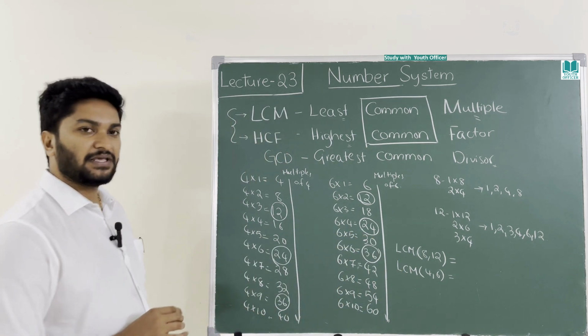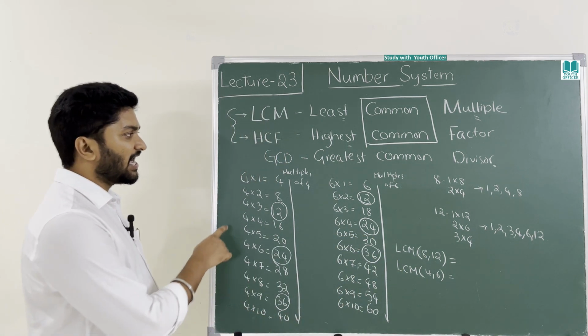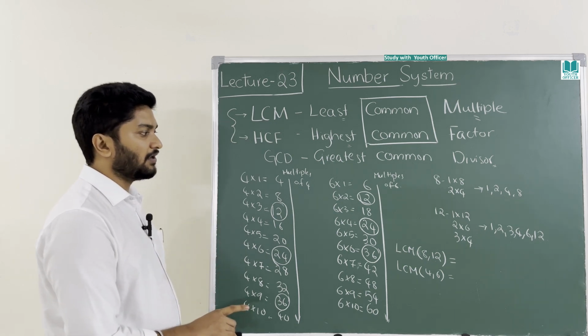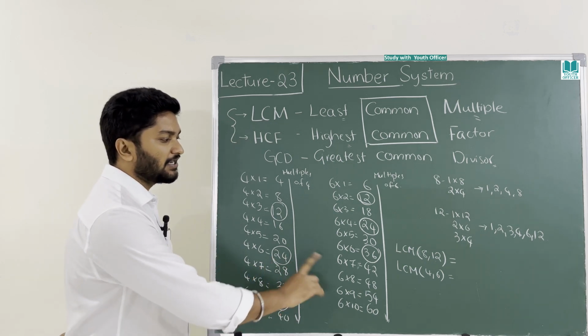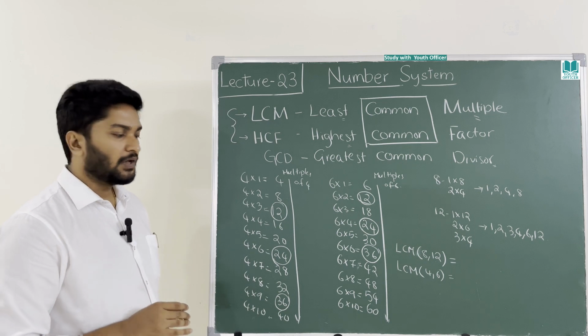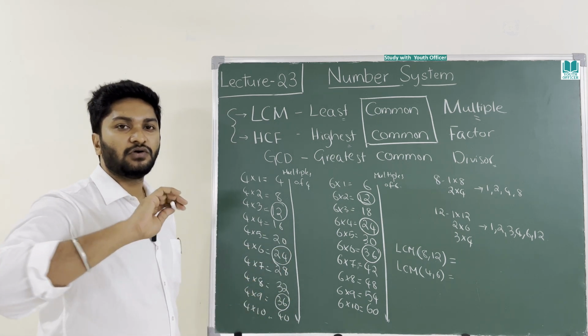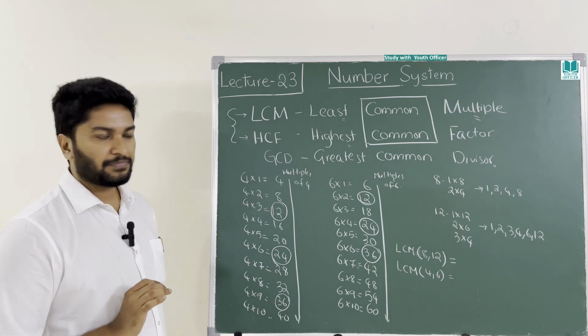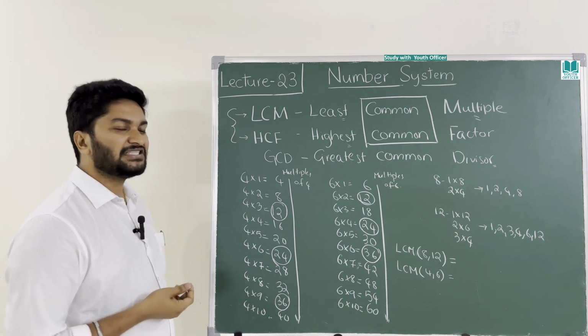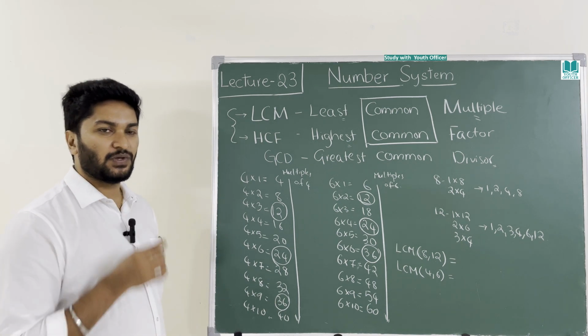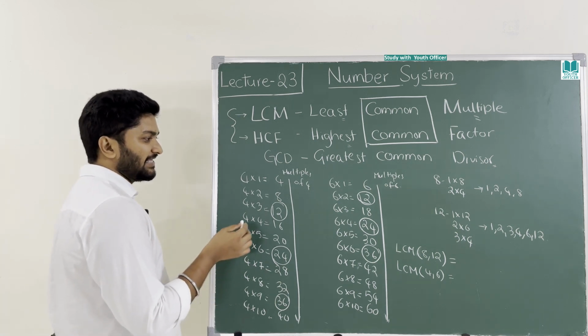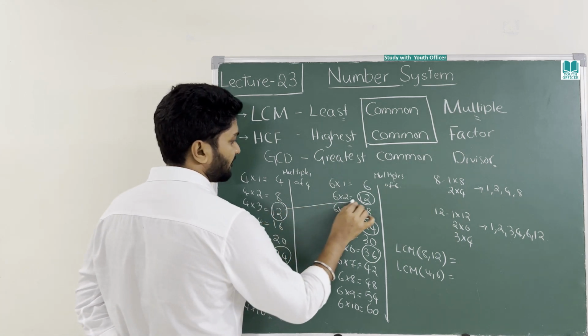Can anyone tell me what is the highest common multiple of these two? We can never say, because the list keeps increasing until it will go till the infinity. But can we say which is the least common multiple? Yes. What is the least common multiple? 12.